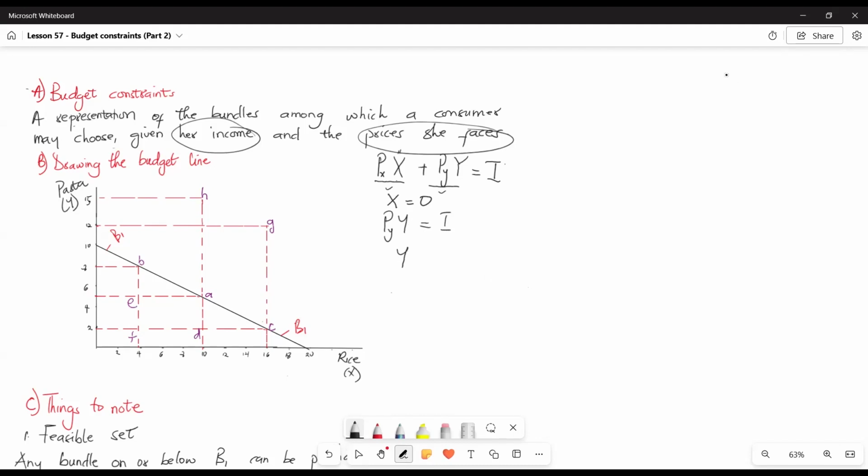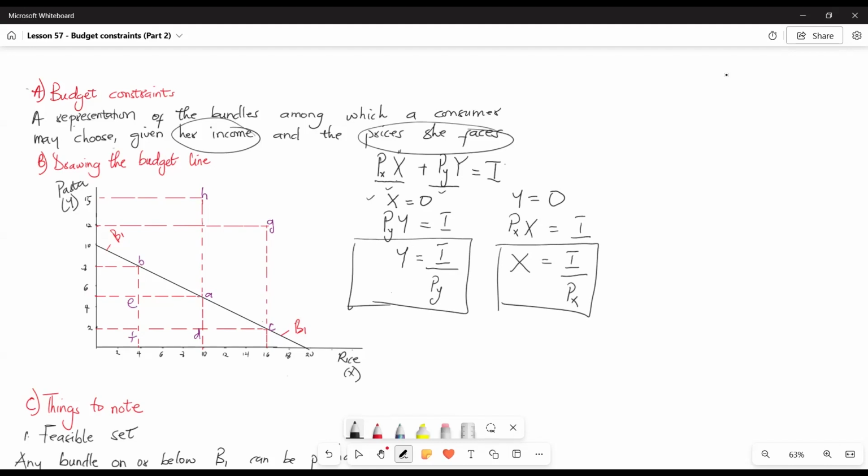So the maximum of good Y that a consumer can buy if they do not buy any of good X is simply the income divided by the price of good Y. In the same case, if the consumer does not buy any of good Y and spends all their income buying good X, this brings our equation to PX times X equals I. And the maximum amount of good X that a consumer can buy if they do not buy any of good Y is the income divided by the price of good X. So we are going to be using these two conditions to draw our budget line.